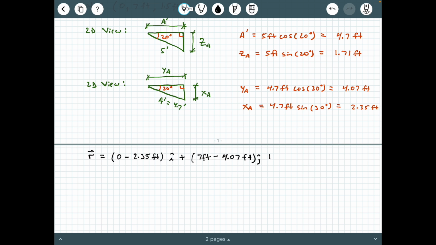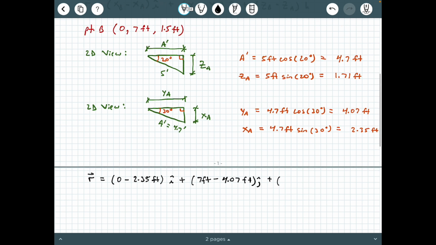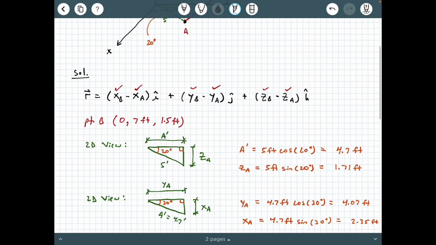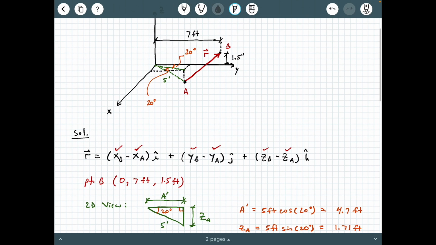And then we're going to look at the Z component. Now here's where we got to be careful, right? It's ZB, which is 1.5 feet, minus ZA, okay? But remember, this ZA, 1.71 feet, is actually already negative, right? Because it's going into the negative Z direction.